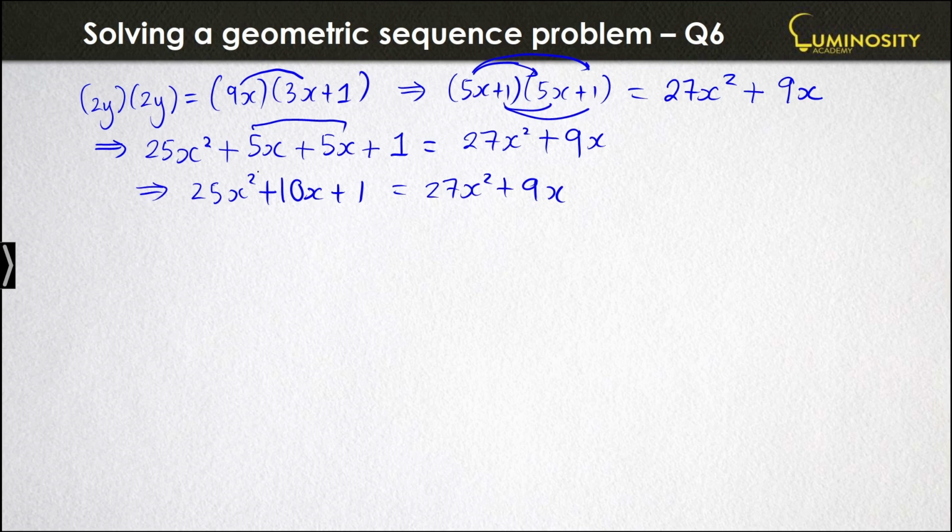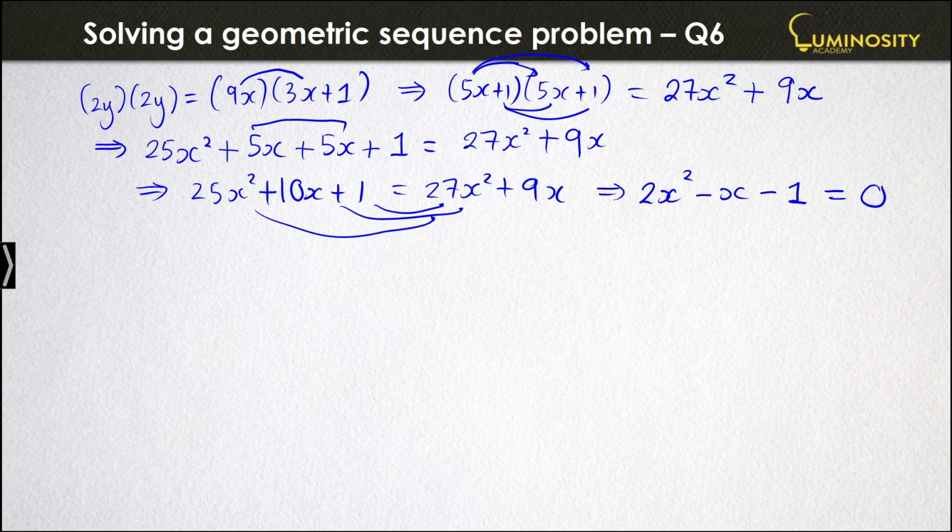Okay, so now I'm going to bring all these terms on the left over to the right. So 27x squared minus 25x squared. Notice I'm doing like terms together. The 27x squared minus 25x squared is just 2x squared. 9x minus 10x leaves you with negative 1x. And this positive 1, when you bring it over, becomes negative 1. And that all equals 0.